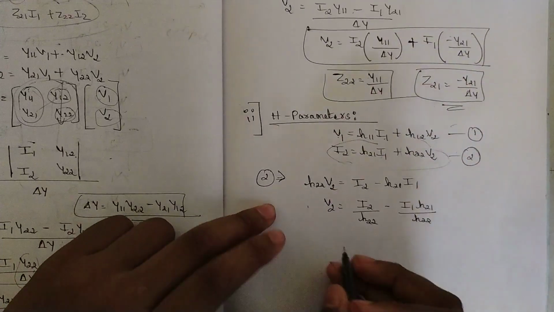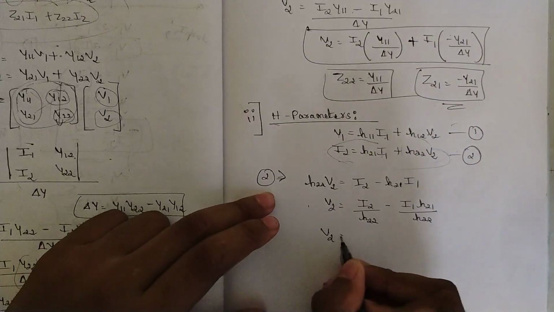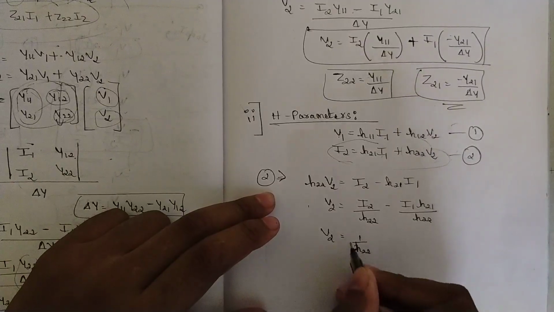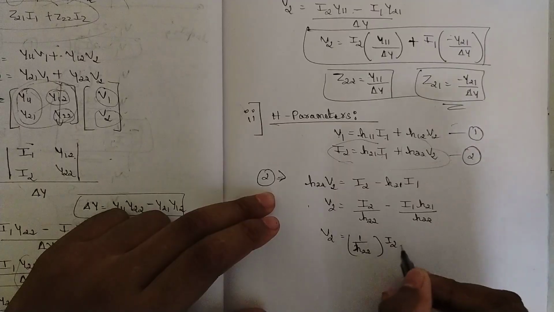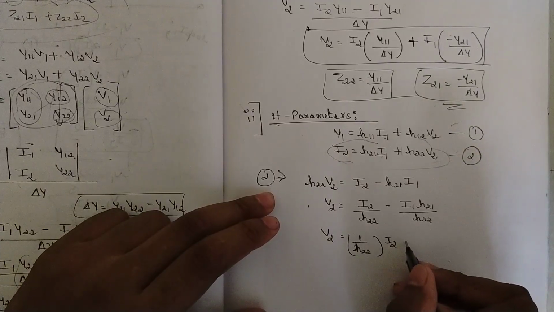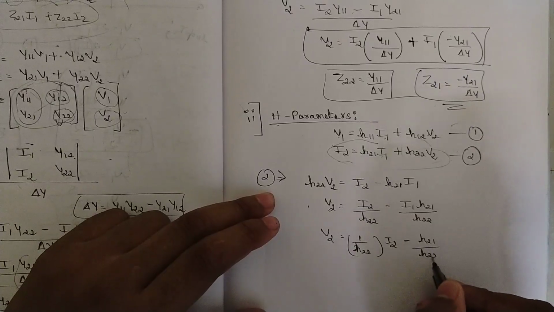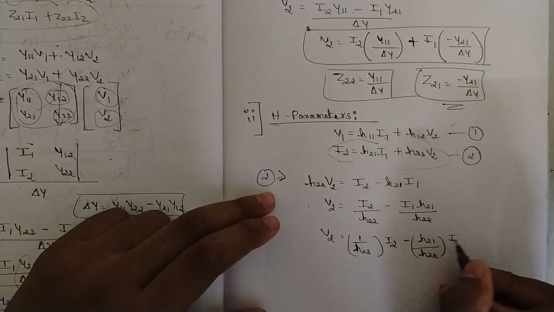So we can simply write this as V2 is equal to, I am separately writing the coefficient, that is 1 by H22 into I2. Then we have minus H21 by H22 into I1.